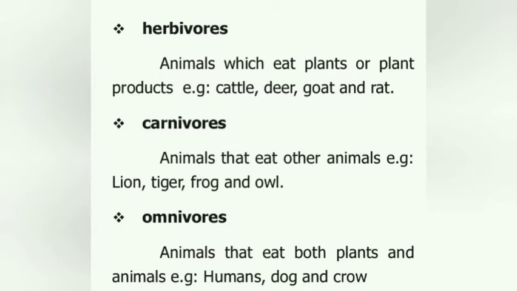Carnivorous. Animals that eat only other animals are called carnivorous. For example, lion, tiger, frog, and owl. Omnivorous. The animals that eat both plants and animals are called omnivorous. For example, humans, dogs, and crow.